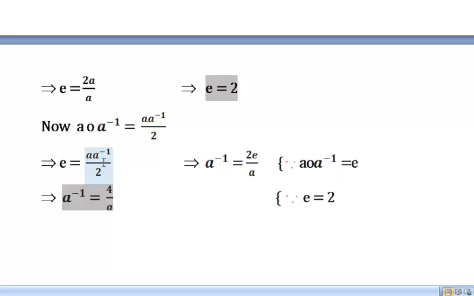This implies that A inverse is equal to 2E upon A. Again we have E is equal to 2. Therefore A inverse is equal to 2 into 2 upon A. Thus we have A inverse is equal to 4 upon A for this binary operation and E is equal to 2.